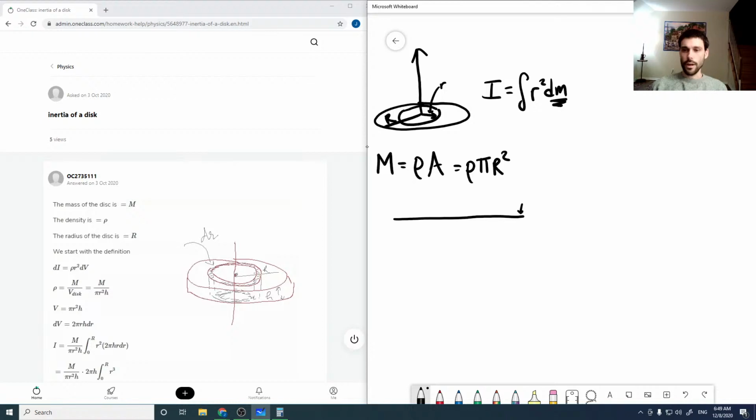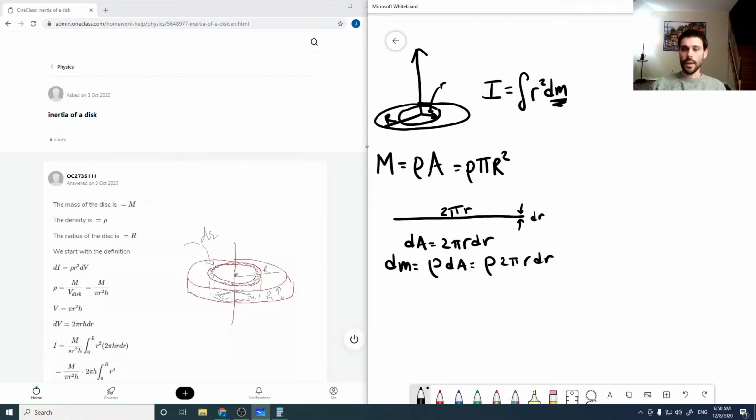And so it would have some thickness dr, and its length, because it's a circle, would be 2 pi r. And so then a small area would be 2 pi r dr, and its mass would be rho dA, which is just rho times 2 pi r dr. And so then there are our small units of mass, right?